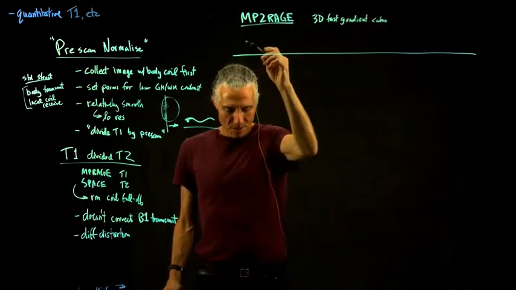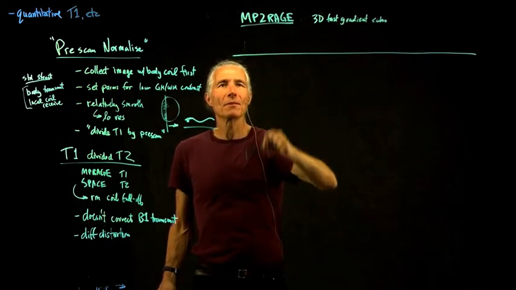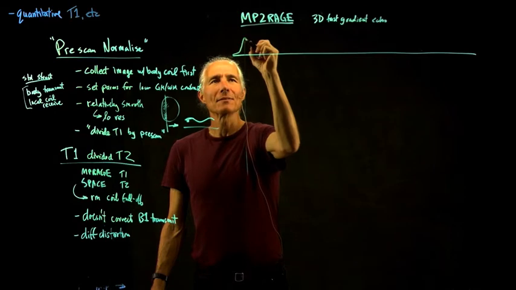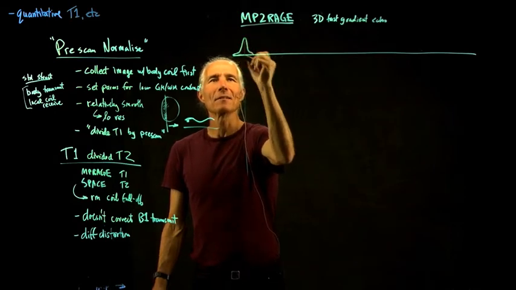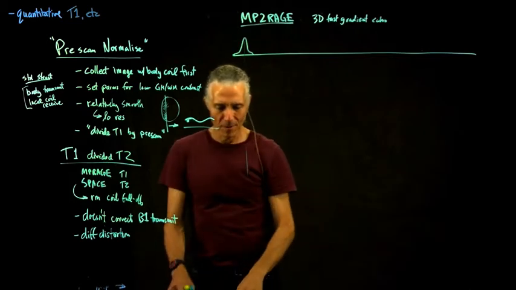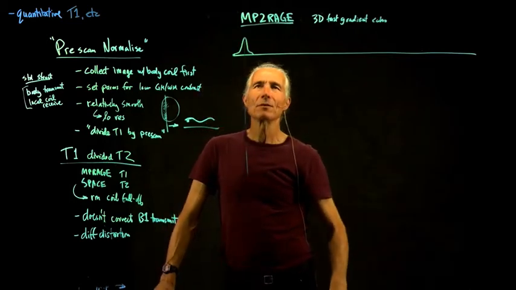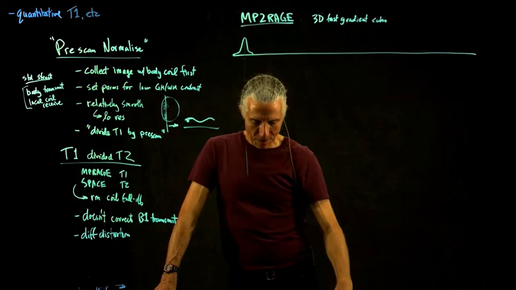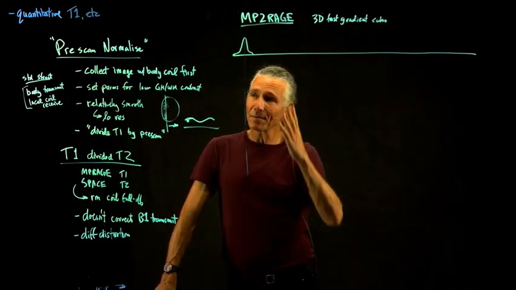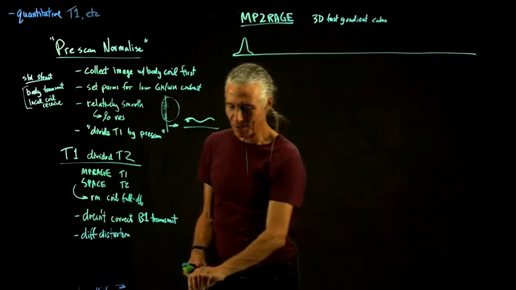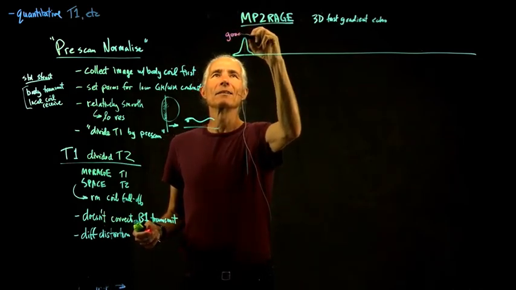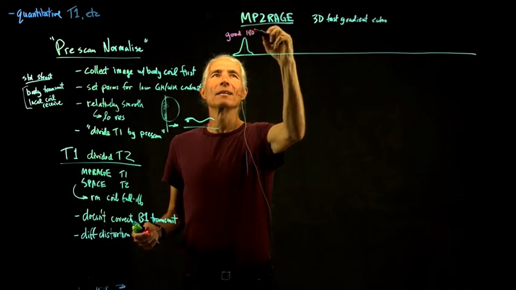And so it starts off with an adiabatic pulse. And so what is the sort of adiabatic pulse? I'll talk about this one again when we talk about perfusion imaging, but an adiabatic pulse is one of the best, if you have a lot of time, one of the best ways to do a good quality 180. So this is a good 180.